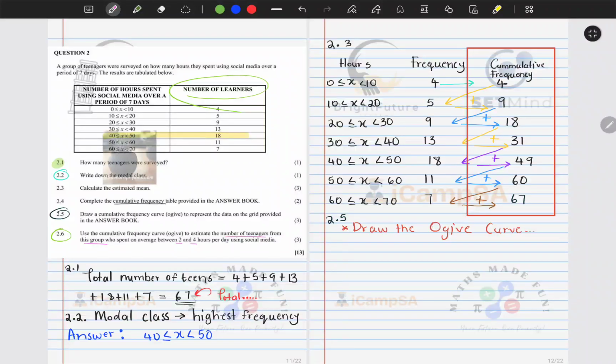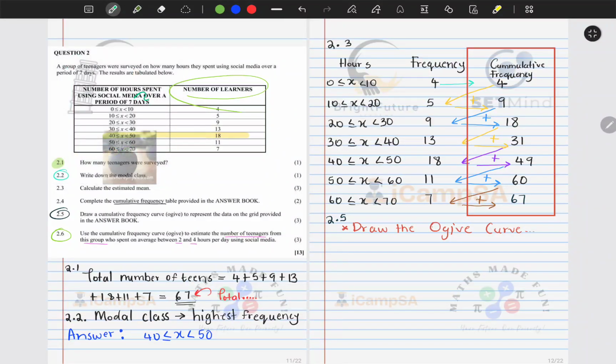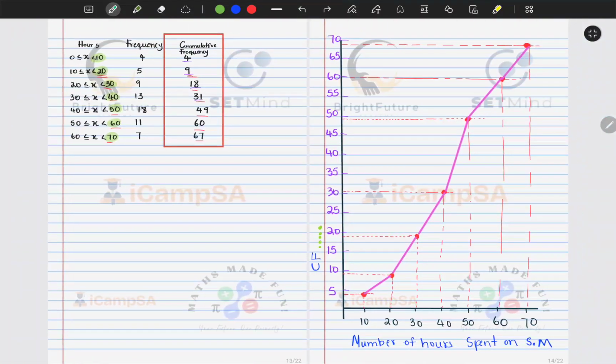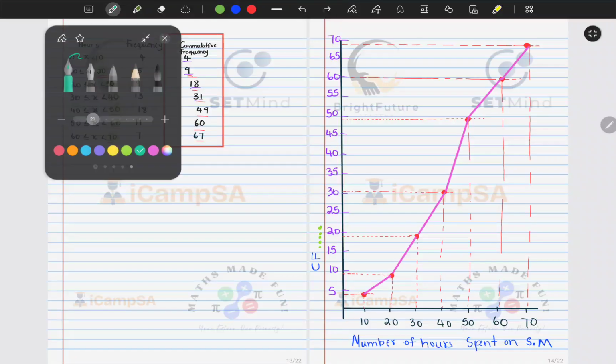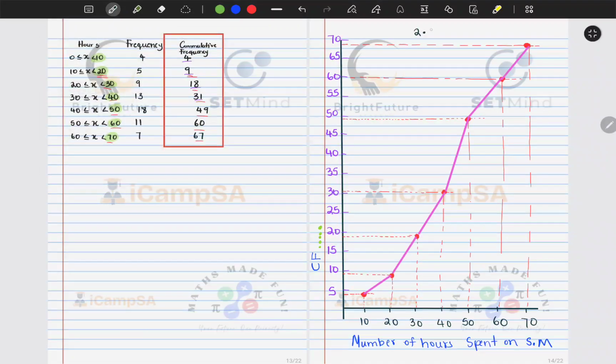So let's quickly think about this problem. So remember that this data which we are given here is over an interval of 7 days. Okay. But however, if we look at 2.6, okay, so this graph here which we have is for 2.5. Okay, so now we're looking at 2.6. So they're saying between 2 and 4 hours a day.